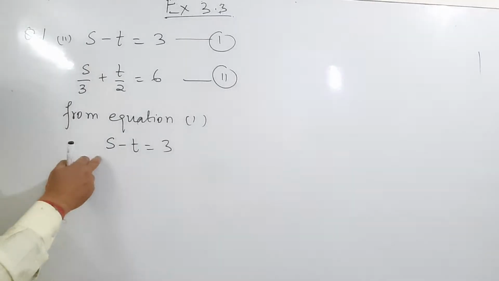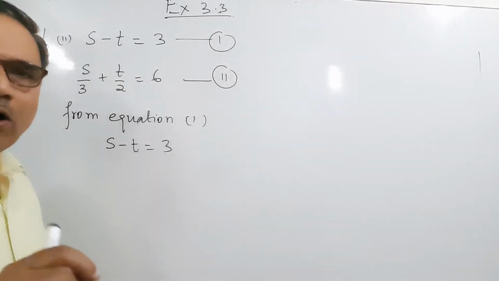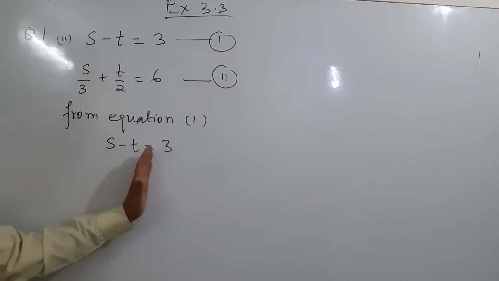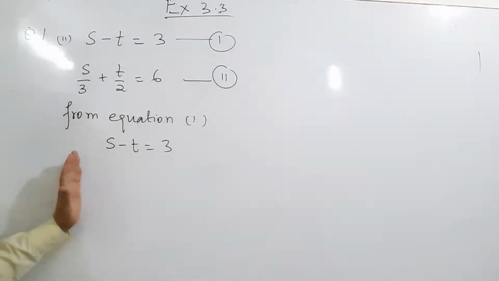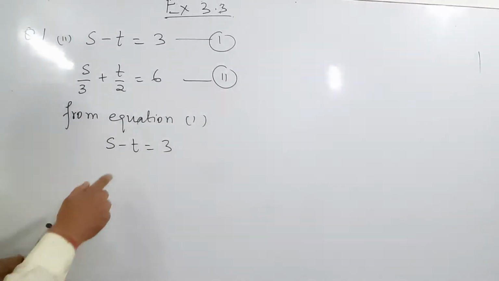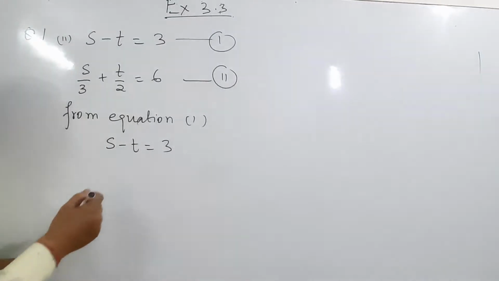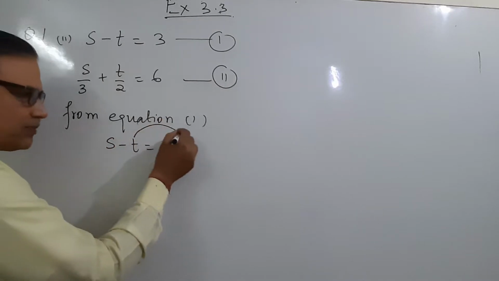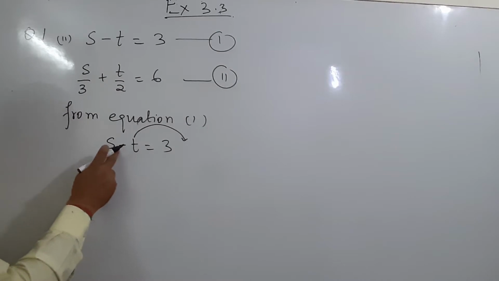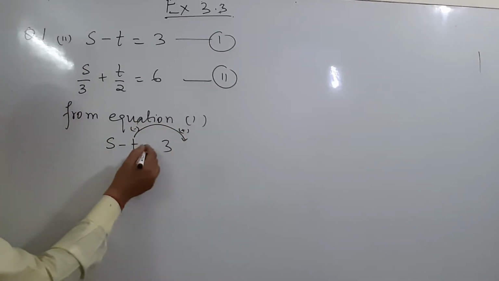It means you have to express s in terms of t or t in terms of s. Here we keep s on the left side and t on the right side. Now from here we have to find the value of s, so t has to be transferred from left to right. The sign is minus and that will be changed into plus.